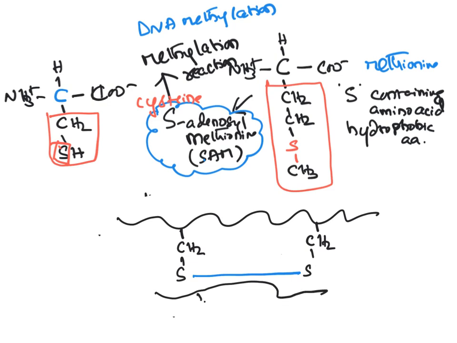CH2-S-S-CH2, the disulfide linkage. So it helps in conformational change in a polypeptide chain, and thereby helps in the protein folding process, giving a tertiary structure. That's how the oxidation of two cysteines makes a disulfide linkage.